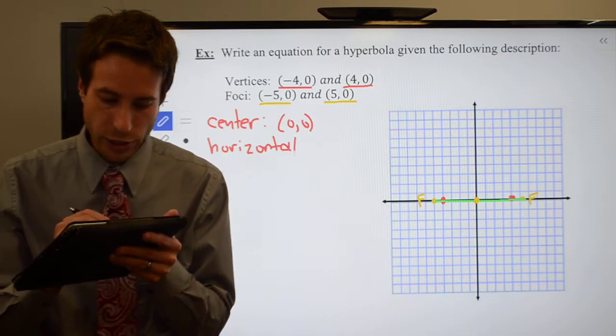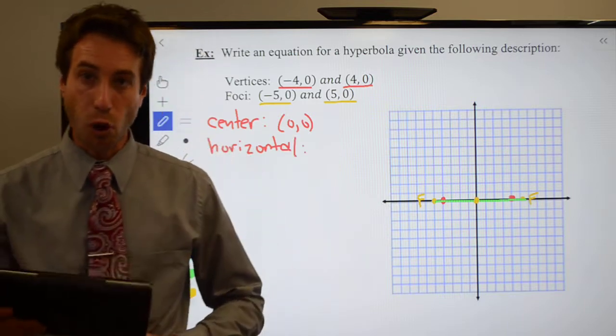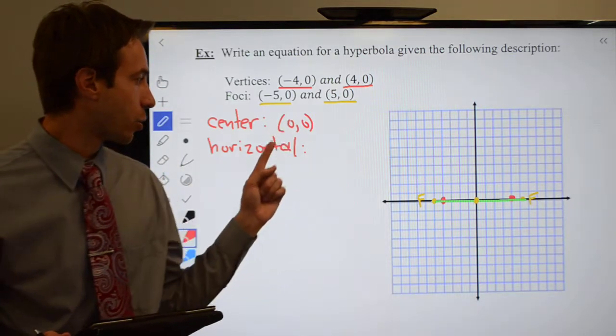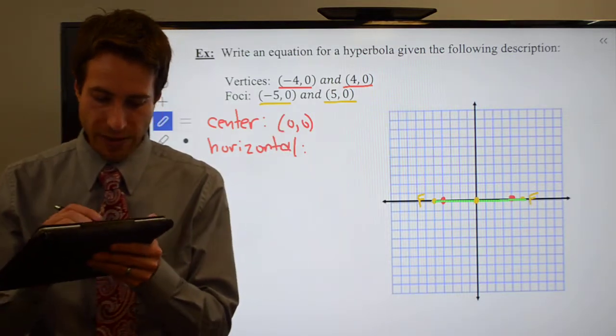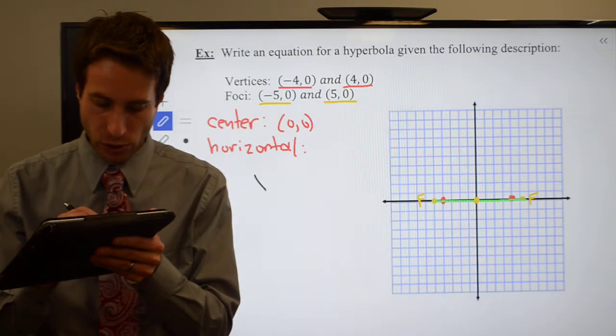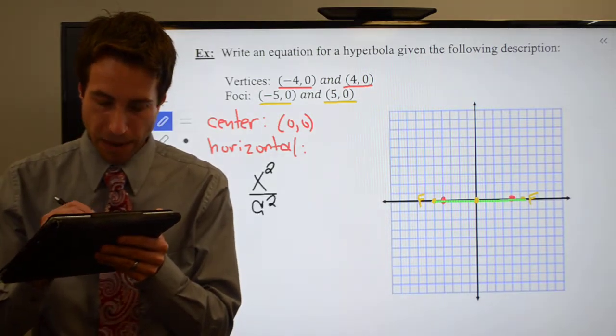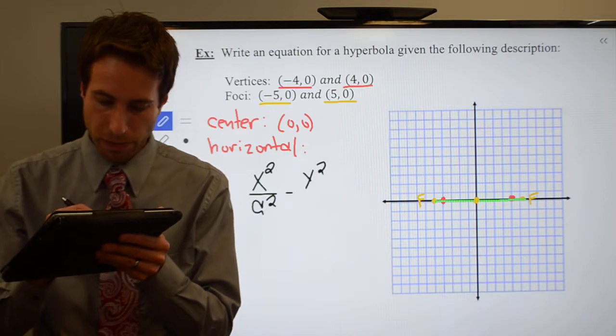All right, so what we're going to do is pull the appropriate equation off of the formula sheet, find the one that's centered at the origin, find the horizontal, and you get this one. It is x squared over a squared minus y squared over b squared is equal to 1.